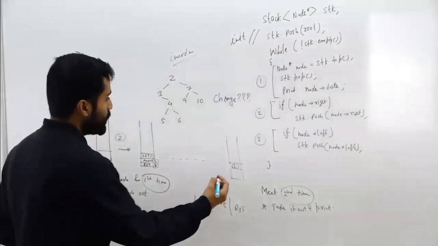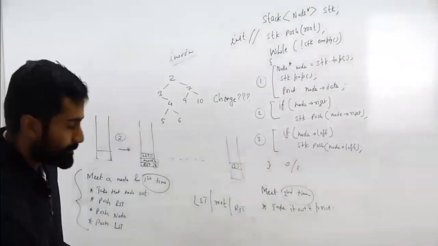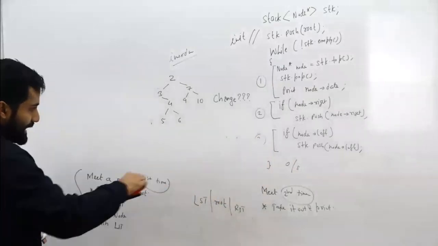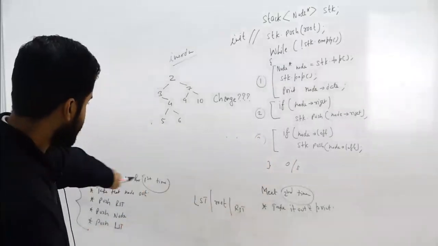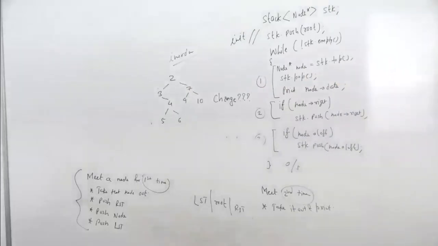So that flag could be 0 or 1. So what I am going to do now is, first of all, are these 2 things making sense? What to do to a node for the first time and what to do to a node for the second time? Others? Yes, no? Okay.